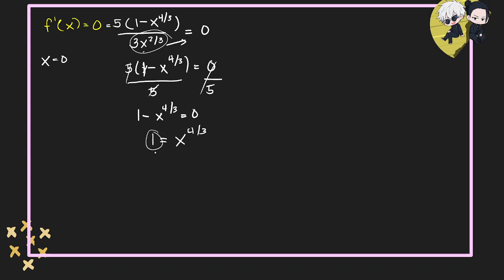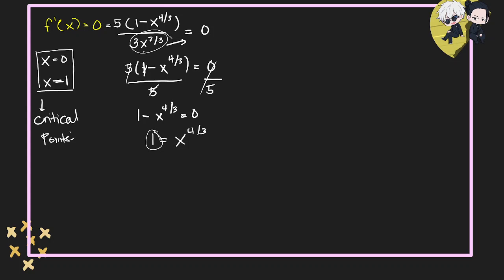Di ba? Any number raised to itself, or kahit ilang beses mo pa yung i-raise, or kahit anong number pa, ang sagot ay 1 din. Okay, that's why x is equal to 1. So, meron na tayong critical points. X is equal 0. So, these are the critical points. Okay?